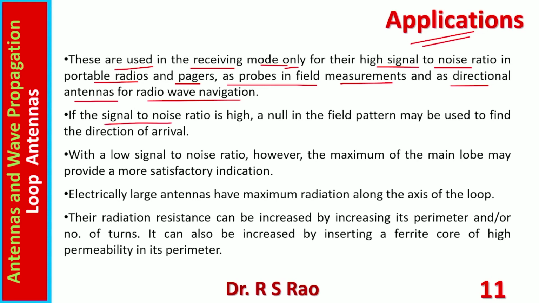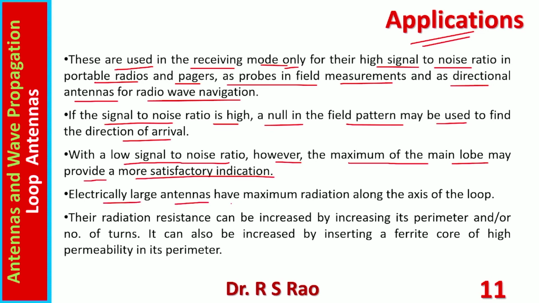If the signal to noise ratio is high, a null in the field pattern may be used to find the direction of arrival. With a low signal to noise ratio, however, the maximum of the main lobe may provide a more satisfactory indication. Electrically large antennas have maximum radiation along the axis of the loop. So far, these 3 points in this slide pertain to small antennas.